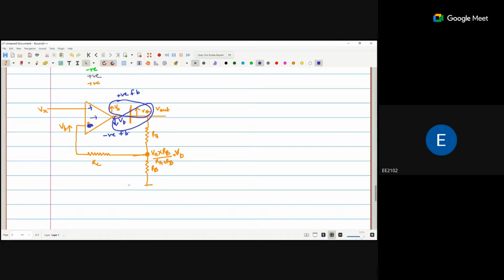Right now we are only checking whether the feedback is positive or negative. Maybe somehow there is a change. We are not considering what the changes are or what the effect of RC is here. We are only saying the voltage will be same. Not same, basically the magnitude is different, but the direction of voltage will be same.